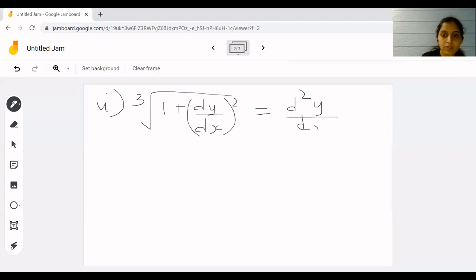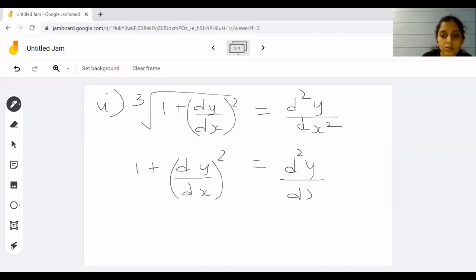Okay, now you have to observe the question first. It has a cube root sign. So first of all, we have to remove all the root signs. So let's cube on both sides. So we'll get 1 plus dy by dx the whole square, right? Equal to d2y by dx square the whole cube.